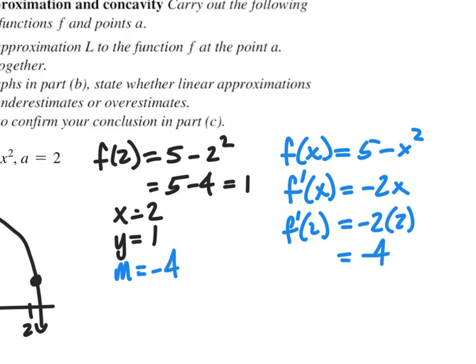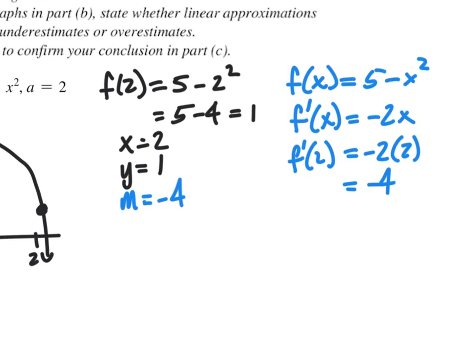So my slope is negative 4. The equation of my tangent line, my approximation L, is y minus y sub 1, which is 1, equals negative 4 times x minus x sub 1, which is 2.